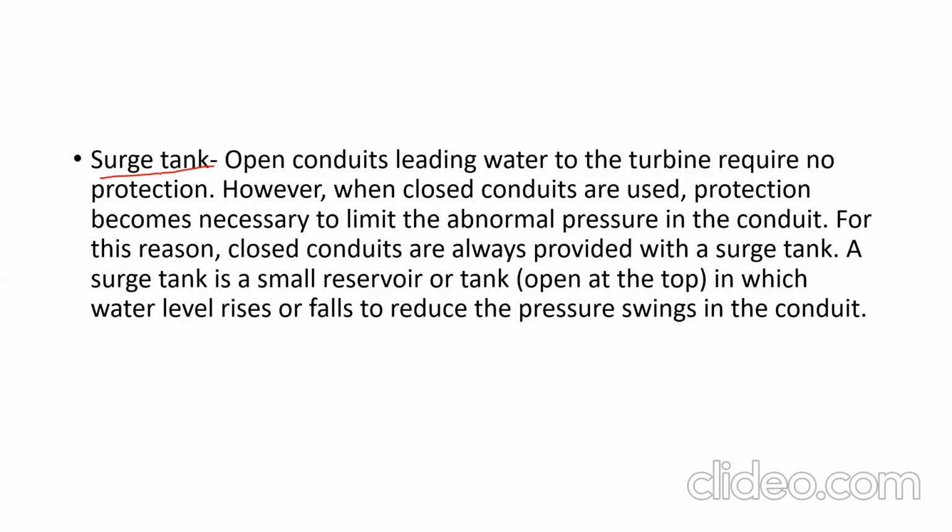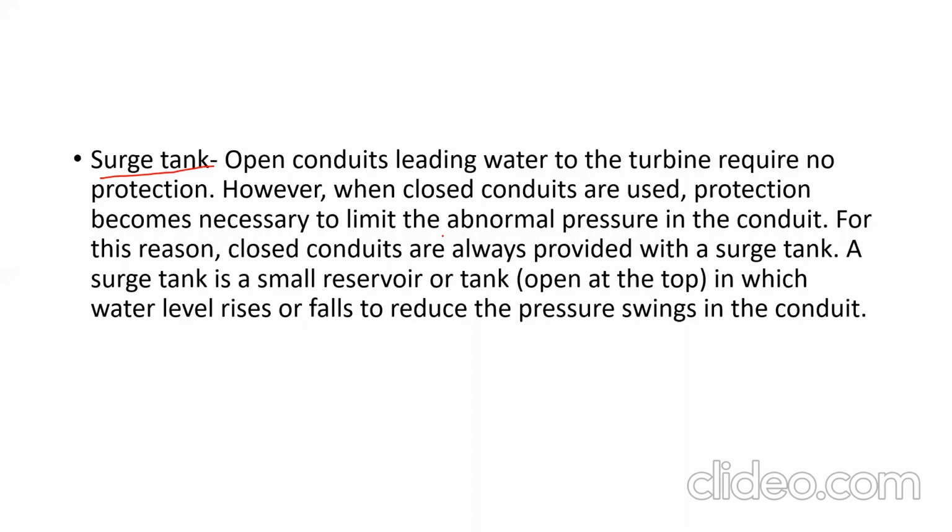So what happens? Generators are providing energy to the grid, and if because of some problem in the substation or powerhouse, the generator is turned off, then the generator's output is not present.